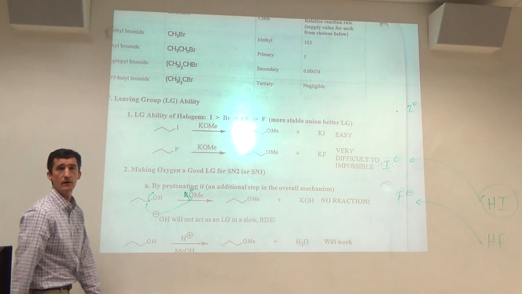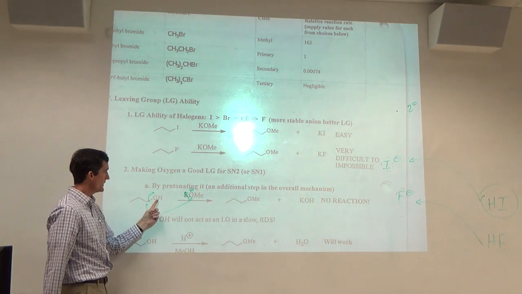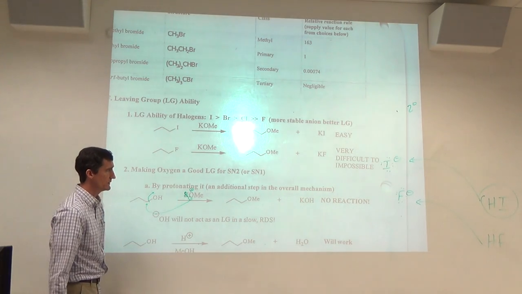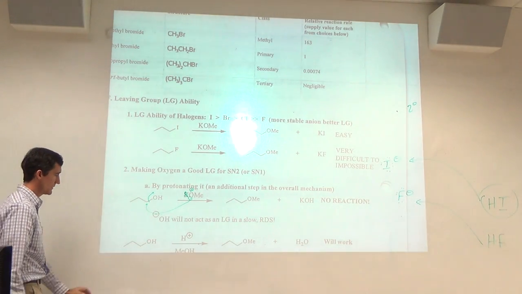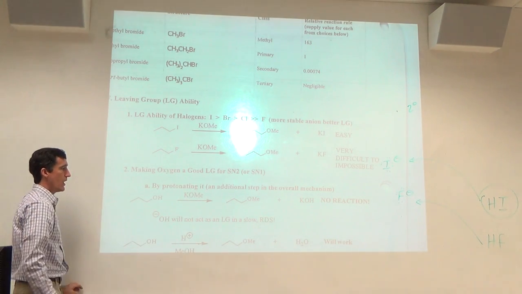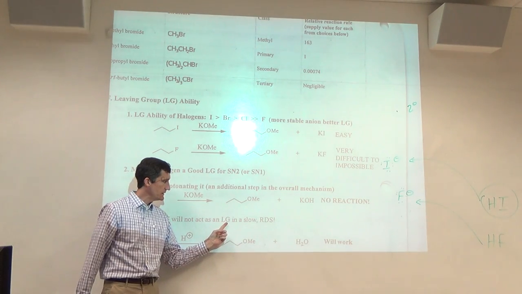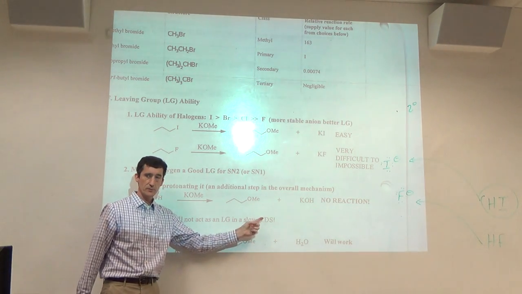No. No reaction. But if this was an iodide, bromine, or chlorine, it would work. OH will not act as a leaving group, or LG, in a slow rate determining step.